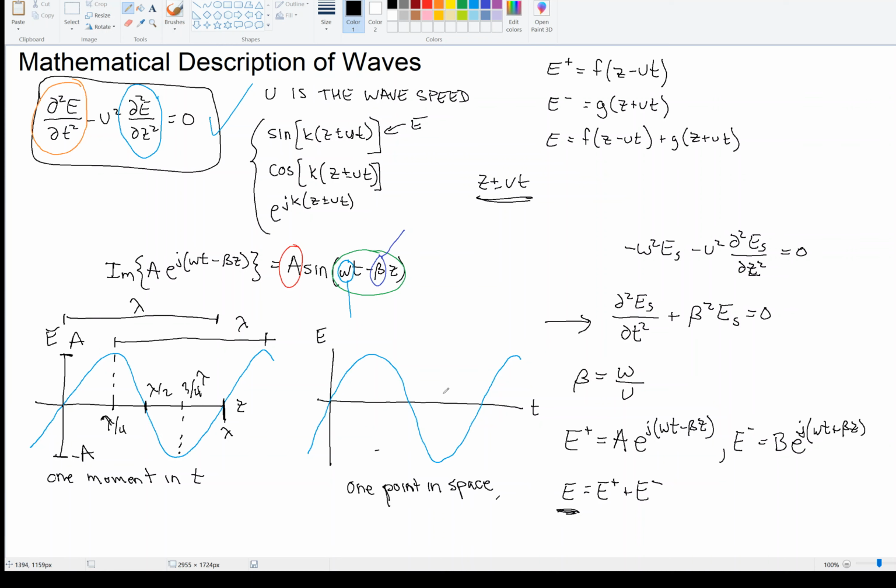Now this horizontal axis has units of time, like seconds, and so I can take one feature like the maximum to the maximum, and we're going to call that capital T, the period. Certainly I don't have to look at maximum to maximum. I can look at upward going zero crossing to upward going zero crossing. That is also the period. And so on the axis, that would be T right there. Here's half the period, T over 2. Here's 1/4 of the period, T over 4. And here's 3/4 of the period, 3/4 T.